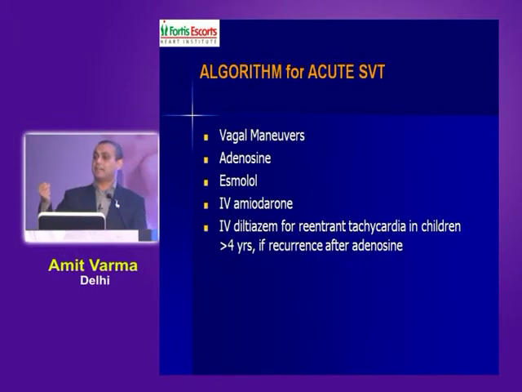So what is, again, a practical algorithm when you're dealing with SVT in your units? Obviously, you've been trying vagal maneuvers, you tried adenosine, you've put people on esmolol, IV amiodarone, and I've talked to you about the benefits. And increasingly, when we are using something which is benign, we've been using IV diltiazem for re-entrant tachycardias in children, especially once adenosine doesn't seem to have worked.